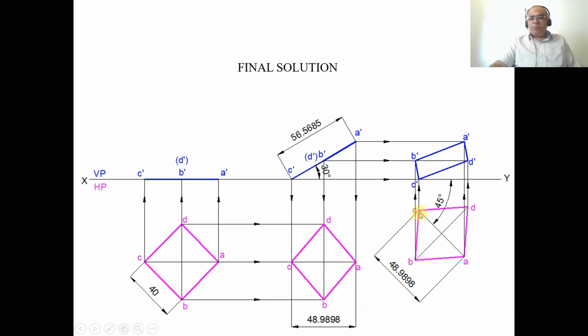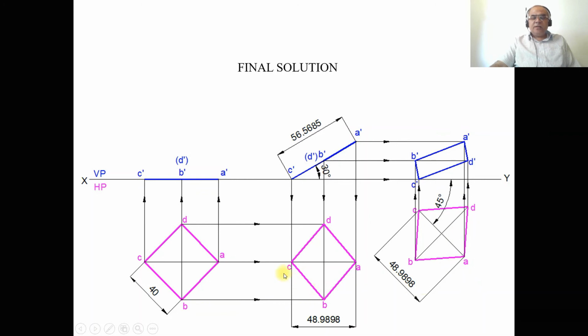Then you consider any point at some distance from the second position top view and draw a horizontal line with that, and you mark this point as C. Then by using the protractor with C as center with respect to the horizontal, you measure an angle of 45 degrees and draw an inclined line.